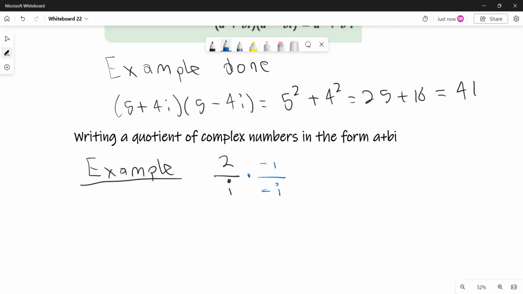We multiply by that in the numerator and denominator because multiplying the same thing at the top and bottom preserves the equality. That's going to be minus 2i divided by minus i squared. But i squared is negative 1, so this is minus 2i divided by the opposite of negative 1, or negative 2i. So 2 over i is the same as negative 2i.